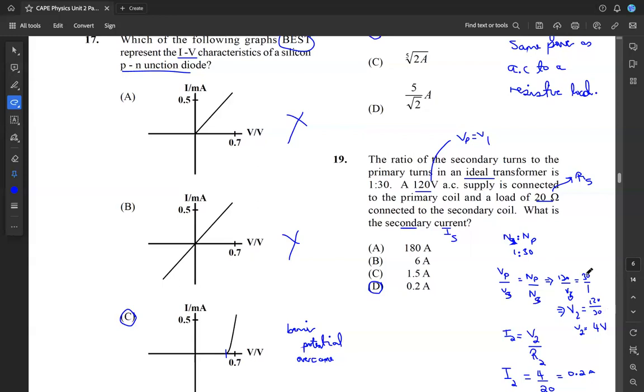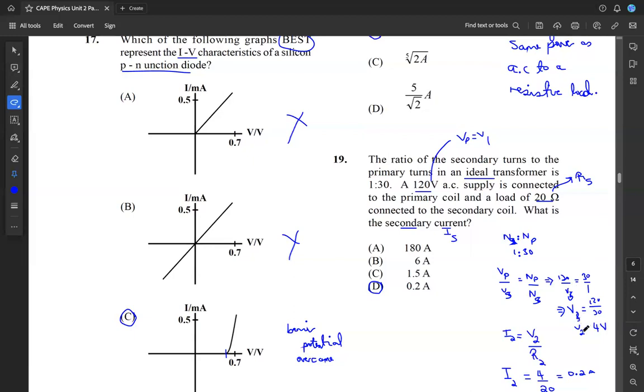Going back up here, we have our voltage of 120 for the primary coil. Secondary voltage we don't know. We know the number of turns in our primary coil is 30, and in our secondary coil is 1. So we rearrange to solve for the voltage in our secondary coil, or V2.